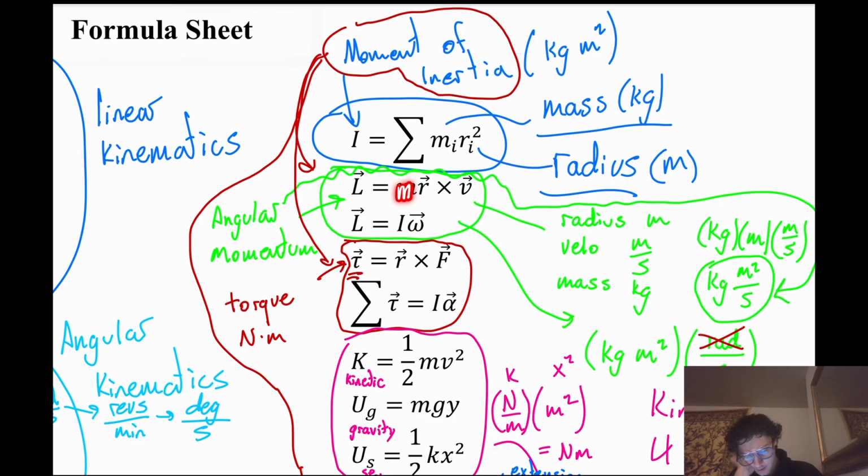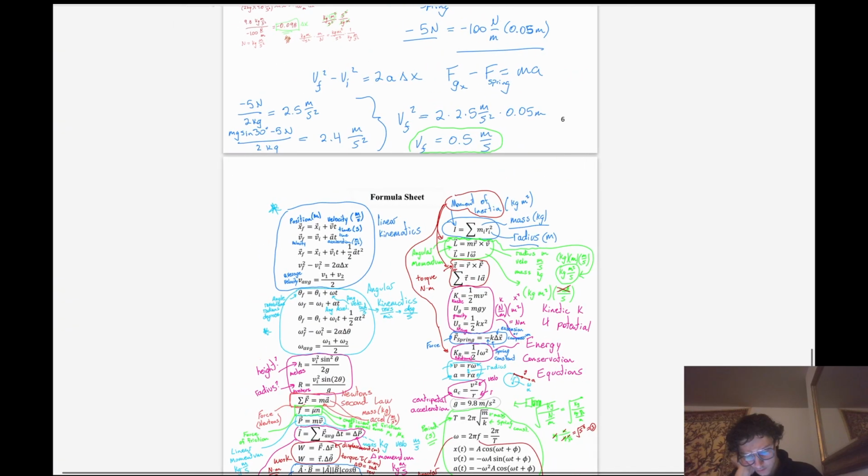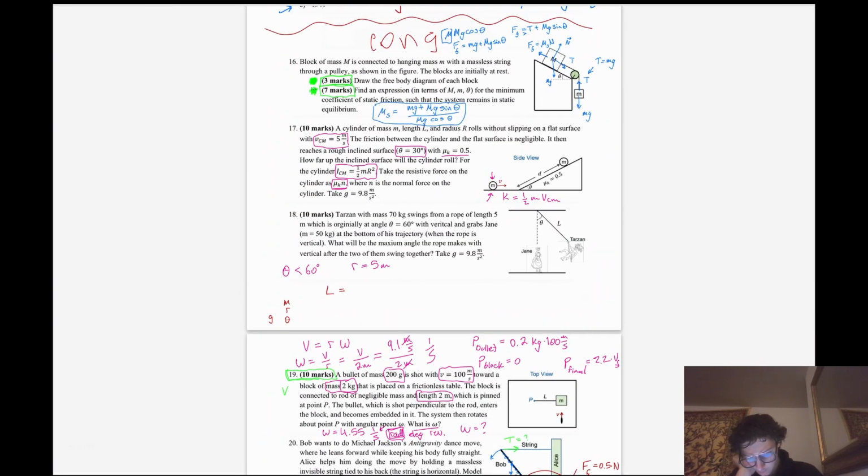So the mass of Tarzan times the radius of the rope crossed with the velocity of Tarzan. What is the velocity of Tarzan? Tarzan starts there and he swings down, and at the bottom he has some velocity v going this way, right?